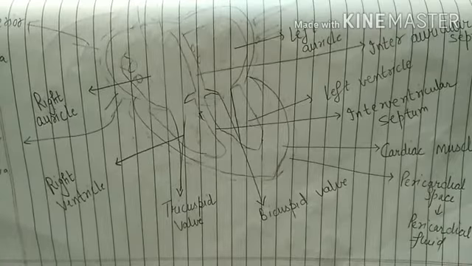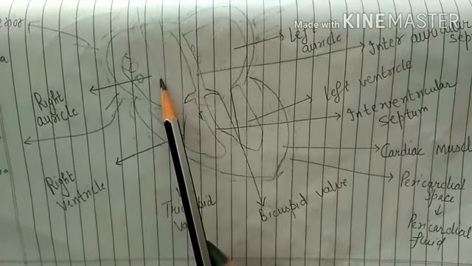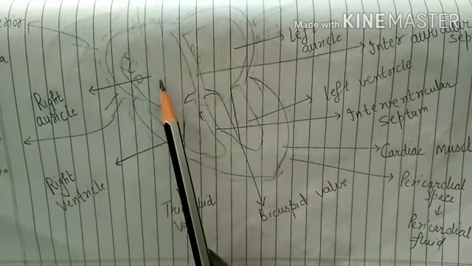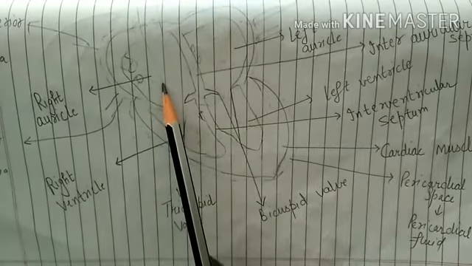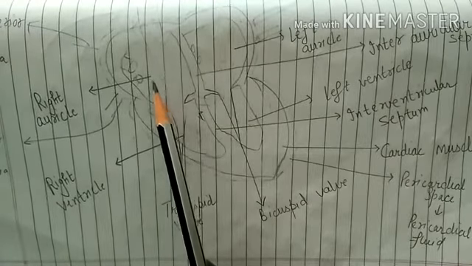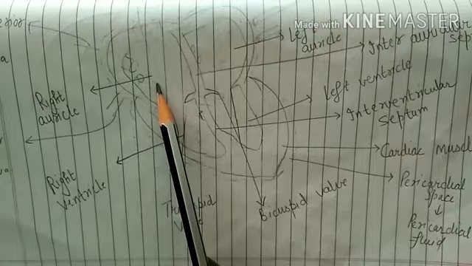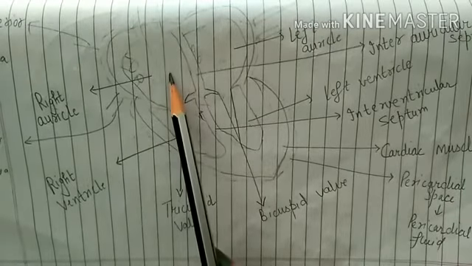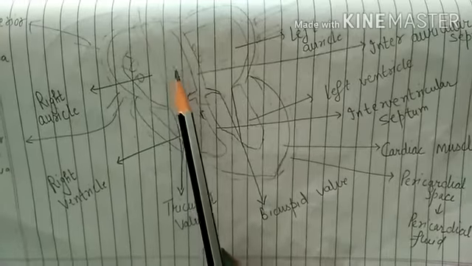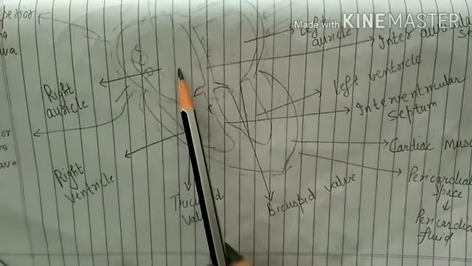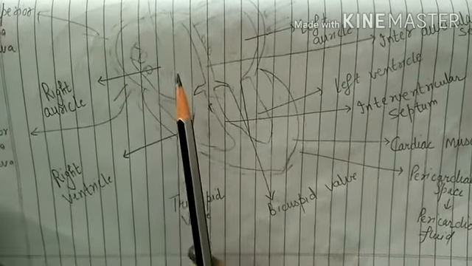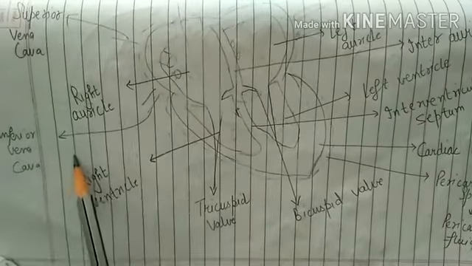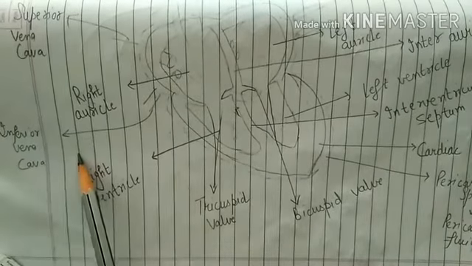First, the right auricle will receive the deoxygenated blood, in which oxygen is absent. That blood will be received by the right auricle through the vena cava, that is, the superior vena cava and inferior vena cava.